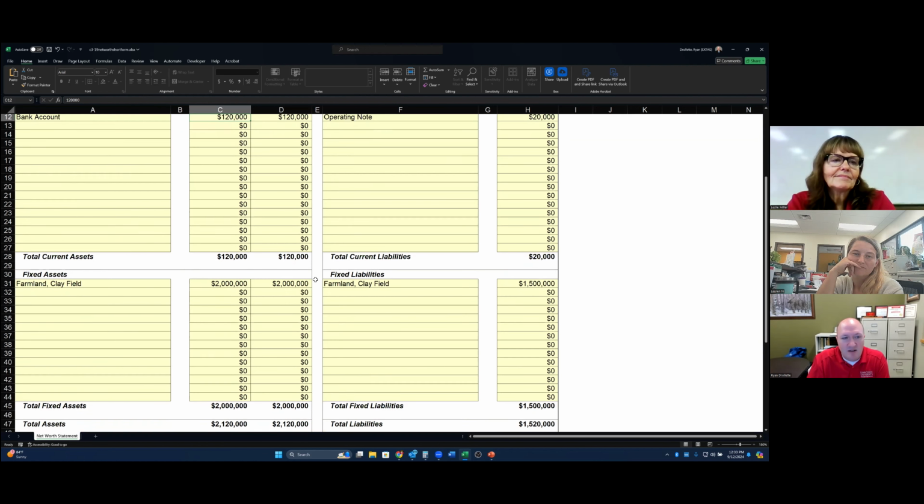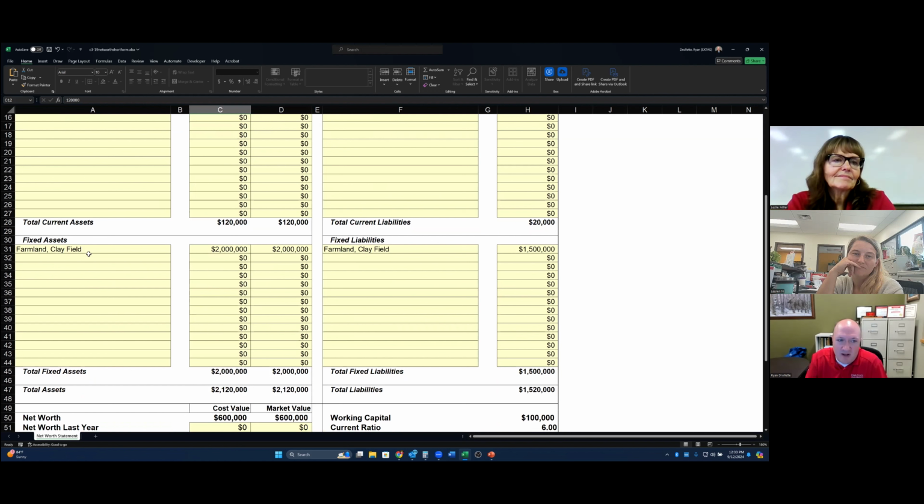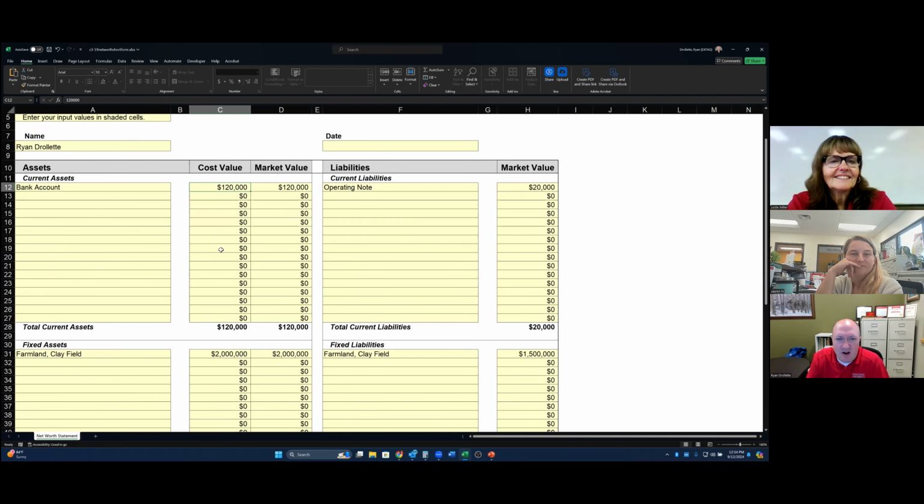Getting down into some of the more long-term assets, I've got a piece of farm ground. I call it the clay field. Again, cost value, what it actually cost me. Well, I just bought this last year, so my cost value and my current market value are the same. But let's say I've got another piece of ground. I call this the cow field.